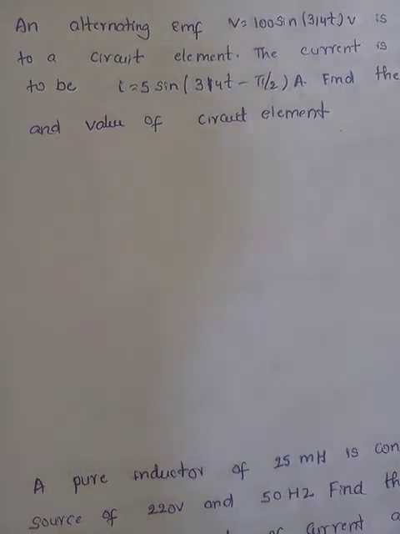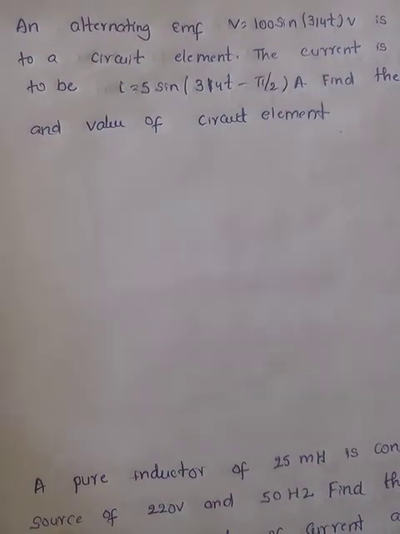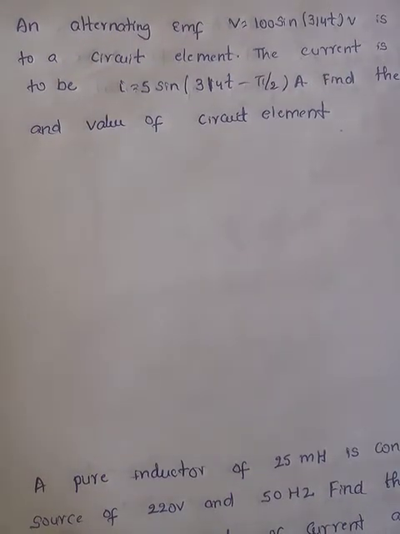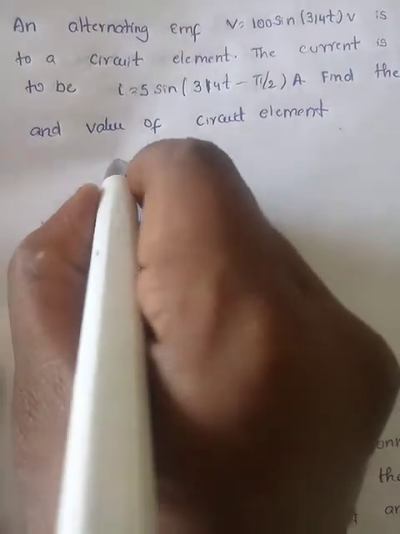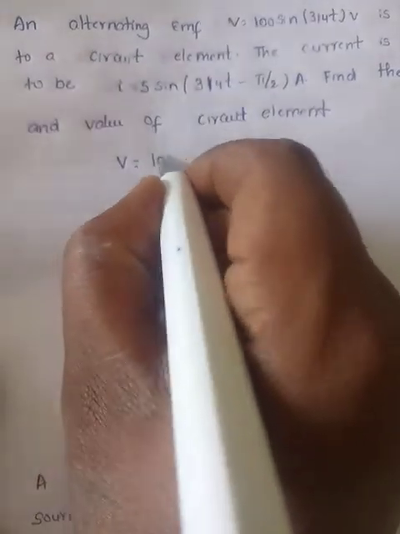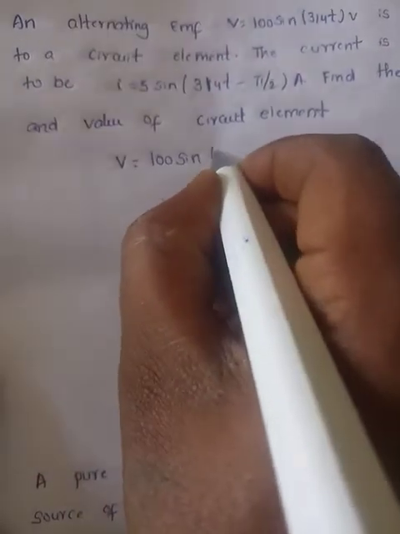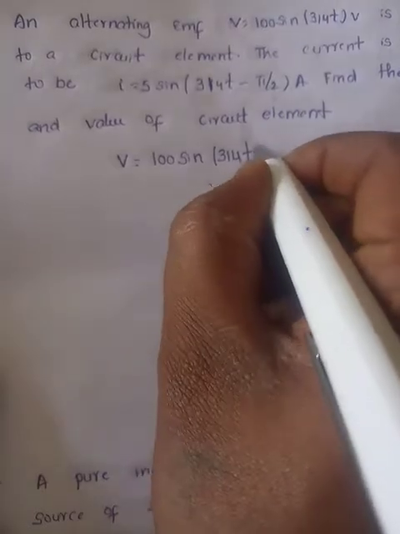See here, the question clearly says an alternating EMF is applied. How much? V equals 100 sin 314t.